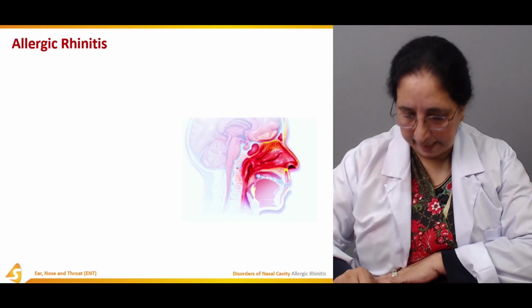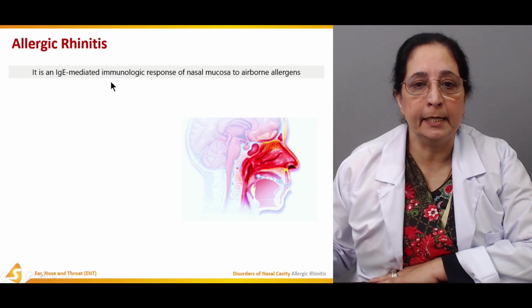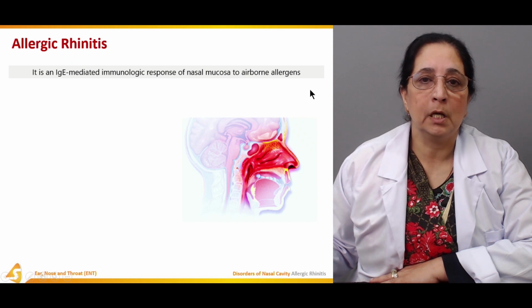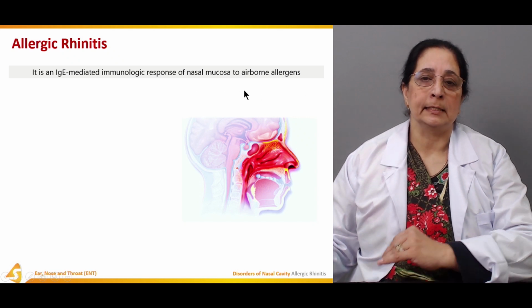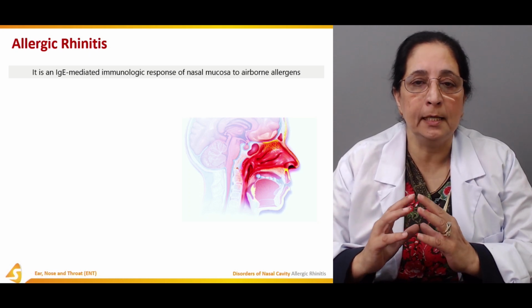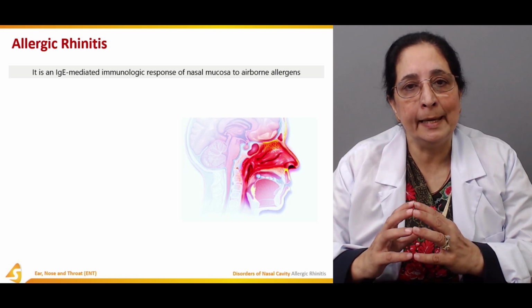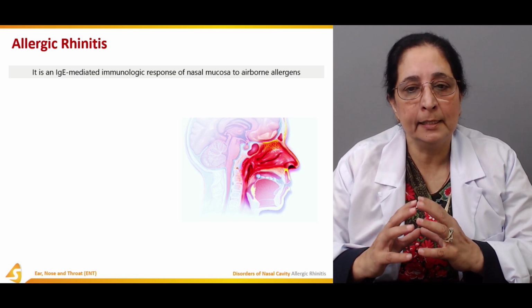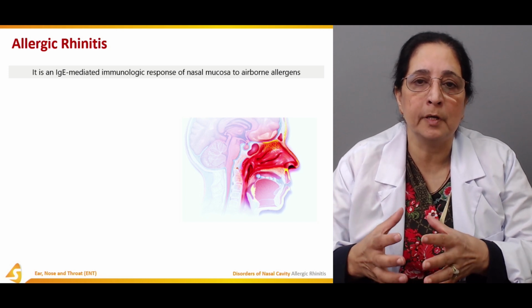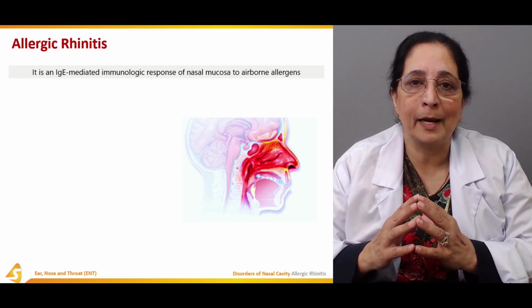So allergic rhinitis is an IgE-mediated immunologic response of nasal mucosa to airborne allergens. So allergens or antigens which are present in the air or environment, when they are inhaled, can trigger the inflammatory or allergic response that can ultimately lead to allergic rhinitis.